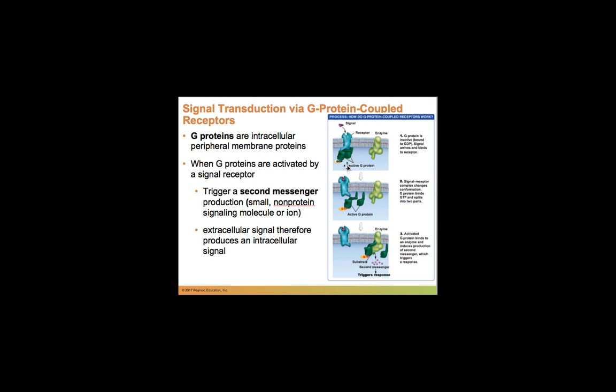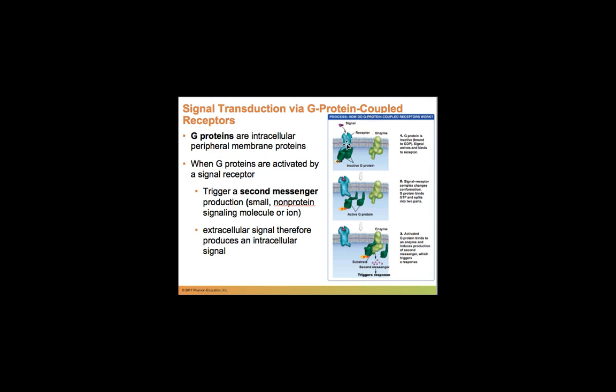The G protein is an intracellular, so we're inside the cell, periphery membrane protein, right? We're on the periphery of our cell membrane, but we're inside the cell, we're not on the outside. When G proteins are activated by their signal receptor, we're going to trigger production of a second messenger. The second messenger is going to be a small, non-protein signaling molecule or ion. The extracellular signal is therefore going to produce an intracellular signal.